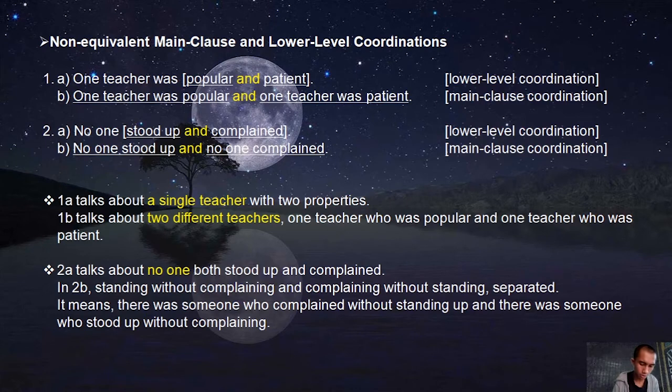It is a main clause coordination. 1A and 1B are not logically equivalent because 1A talks about only one teacher with two properties. On the other hand, 1B talks about two different teachers: one teacher who was popular and one teacher who was patient.